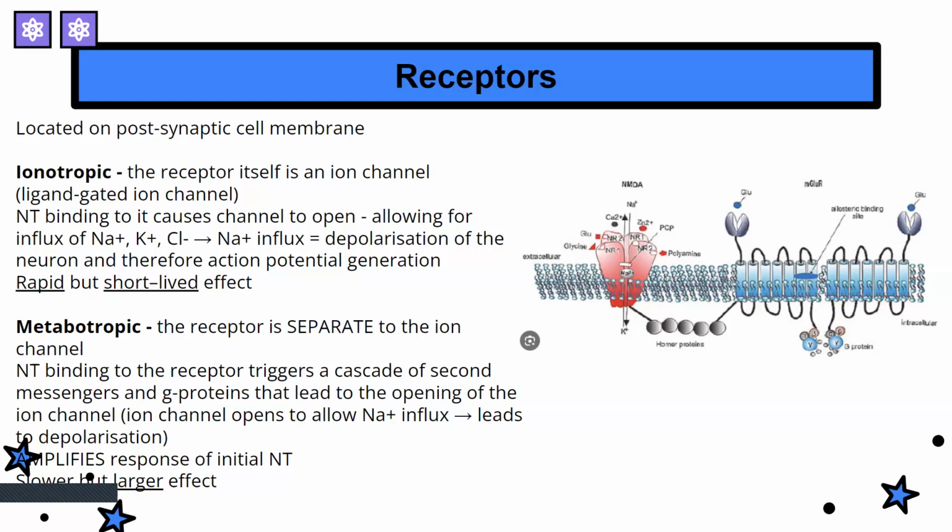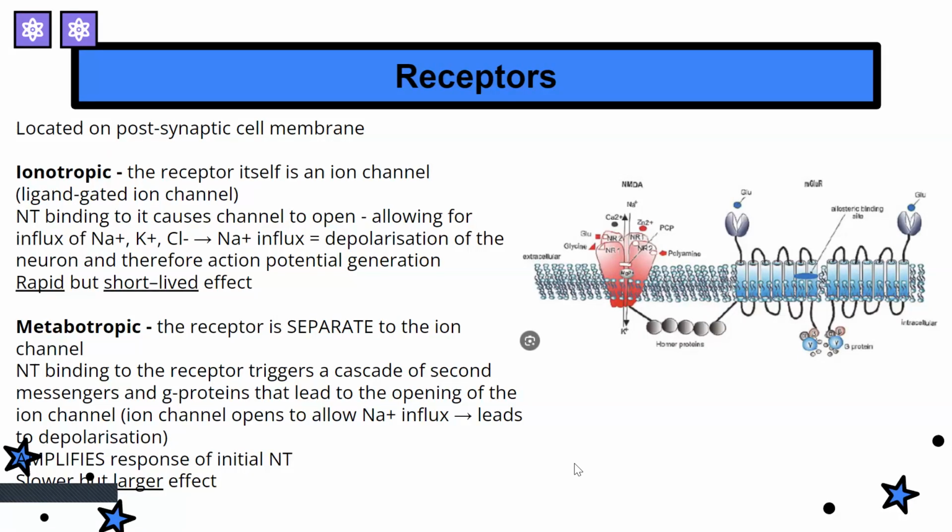Whereas with metabotropic, whatever that signal molecule is binds to the receptor and causes a change on the other side of the membrane. That triggers a bunch of proteins, and that's how the signal goes down. Proteins will be triggered and then carry on the signal.